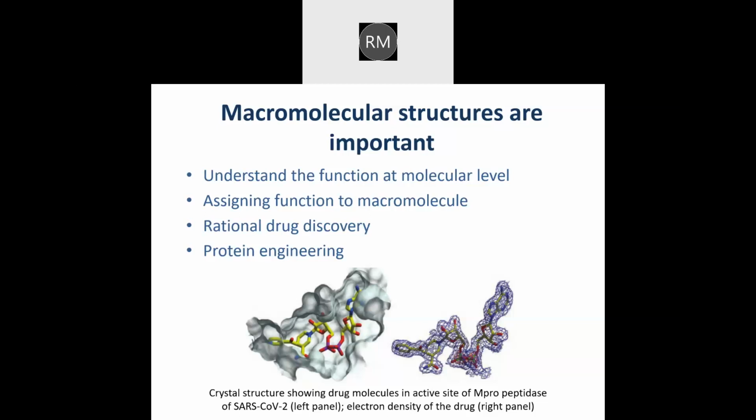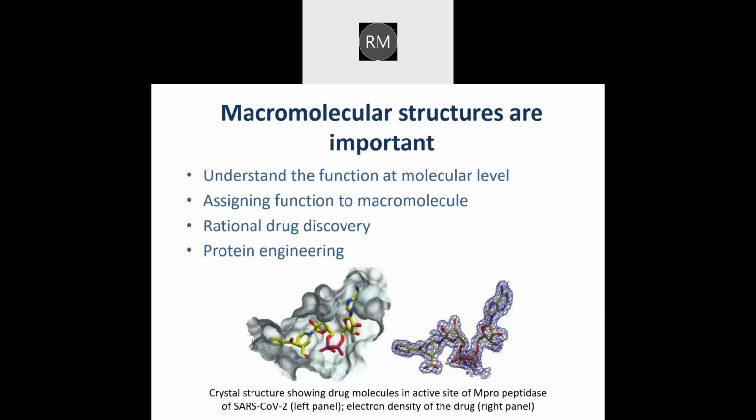The picture below shows a drug bound in the active site of M-Pro peptidase, and the right hand picture is showing the electron density, where you can fit the drug molecule. Then further affinity improvement of this drug can be done using this structure.